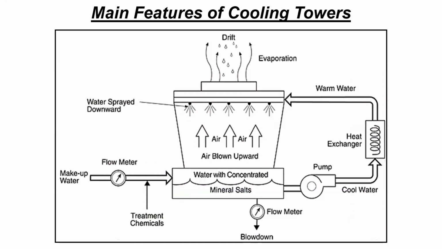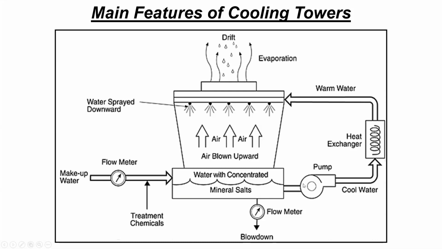Here we're looking at the main features of cooling towers. We have to treat the water before putting it into the cooling tower. There's makeup water because we are going to lose some water to evaporation and drift, so we always have to provide makeup water after treatment. Of course, we also have to blow down continuously, just to get rid of unwanted solid materials.